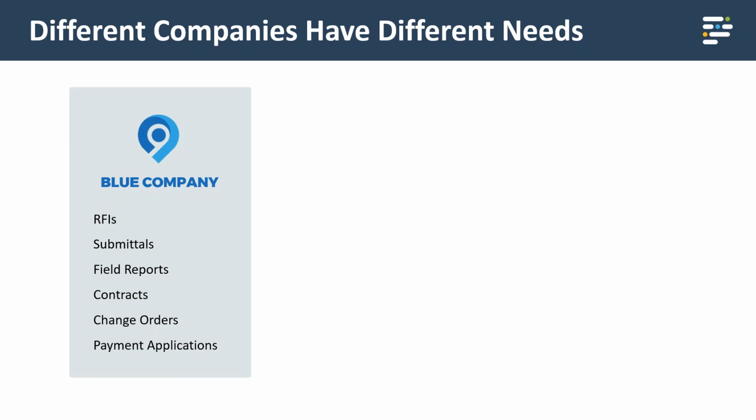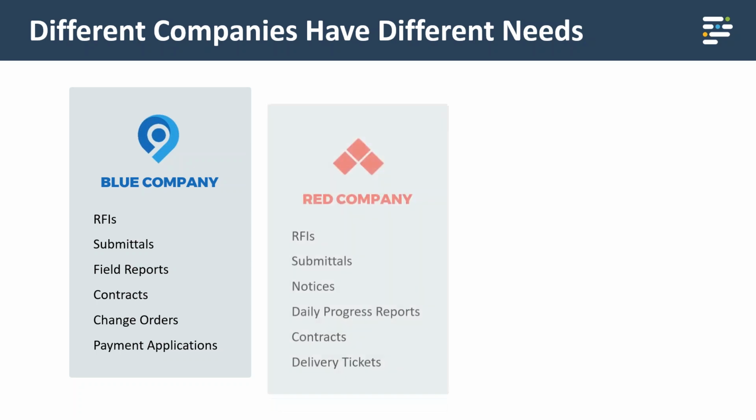A blue company, when we ask what's most important to them, might say things like RFIs, submittals, field reports, contracts, change orders, and maybe payment applications. That makes sense, and maybe that fits a lot of you on the call. That's exactly what you want to track.